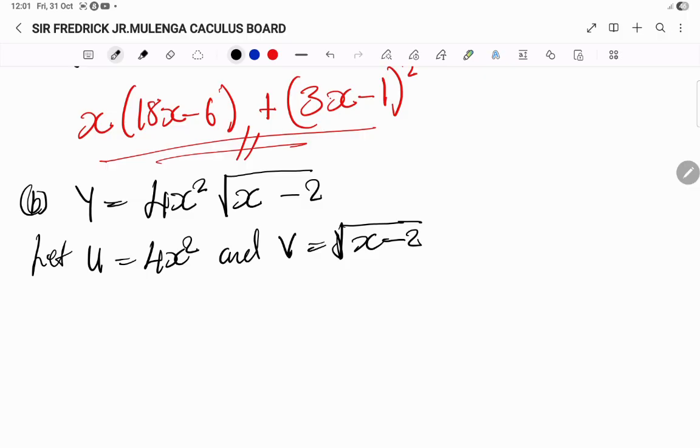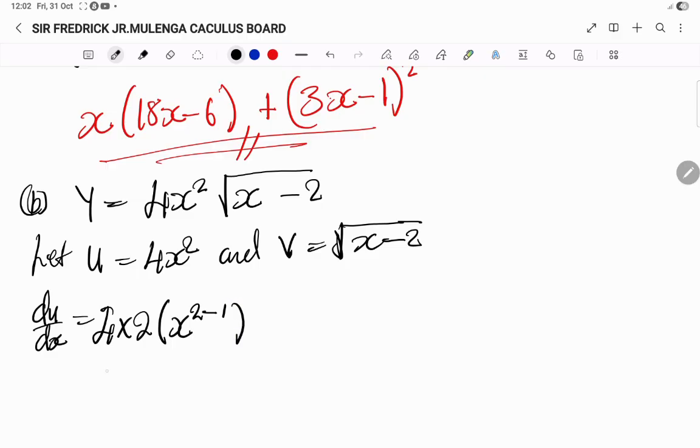So what do we do? We differentiate each function. We are going to start with u. So let's differentiate u. du with respect to x is going to be 4 times 2, then x power 2 minus 1.